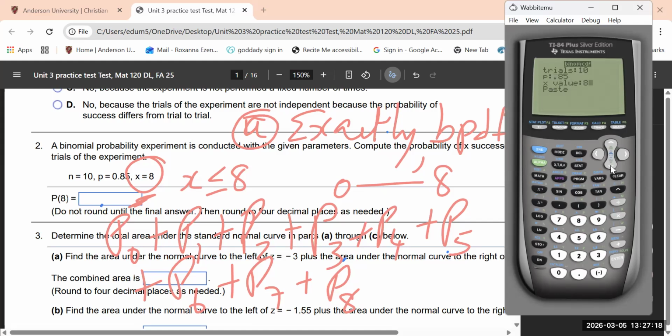8 is included. I get an answer, minus. I'll go back to binomial CDF again, and then I will find the probability of 4. Why?